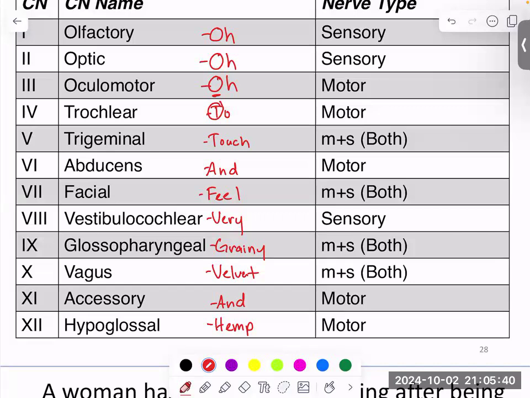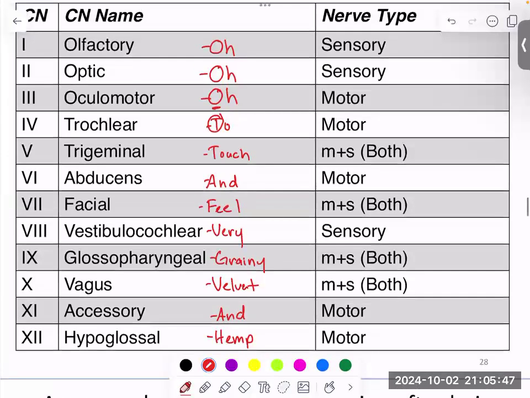You do have to tell me what they do. And it helps to remember if it's sensory, motor, or both. I will ask you, is it sensory, motor, or both? And there's another silly mnemonic.